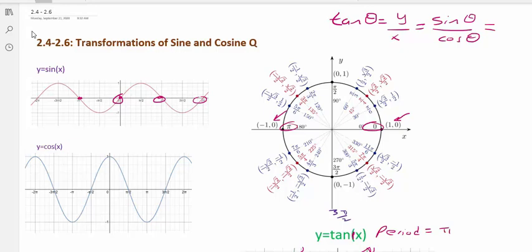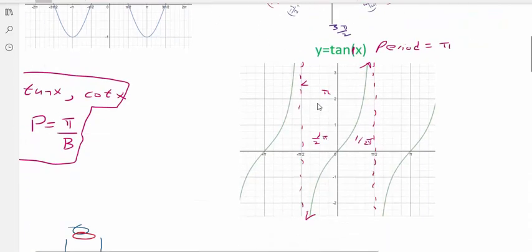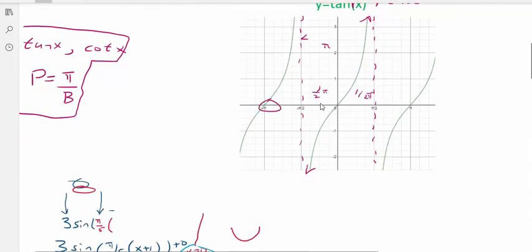Because if these are the x values that make sine 0, and sine is in the numerator, you're going to have 0 divided by some other number, and all day long, 0 divided by a number is just 0. So tangent is going to output 0 whenever sine outputs 0. So negative pi, 0, and pi. And there it is. At negative pi, 0, and pi, you see x-intercepts. So at least make some sense of why the graph is the way it is.